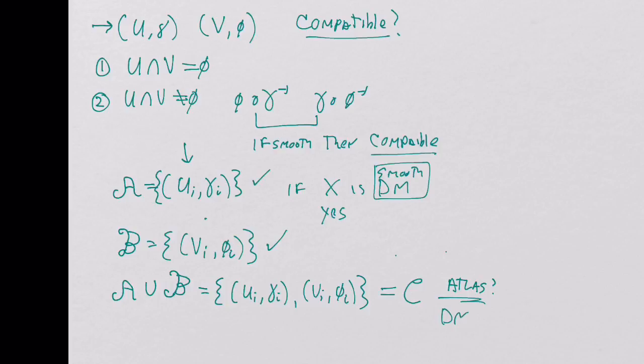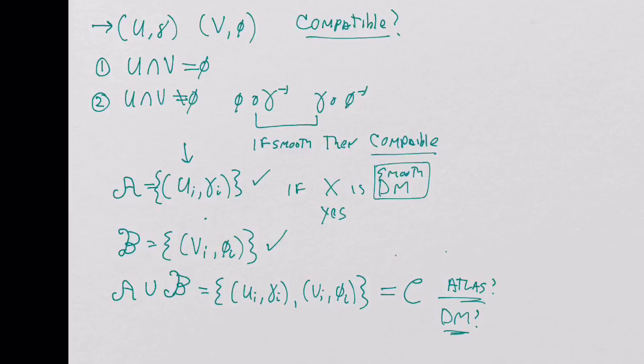That's a harder question, because I know these are all compatible, since A is an atlas belonging to a smooth differentiable manifold. B is an atlas for the same topological space. They're all compatible, and it is a differentiable manifold.